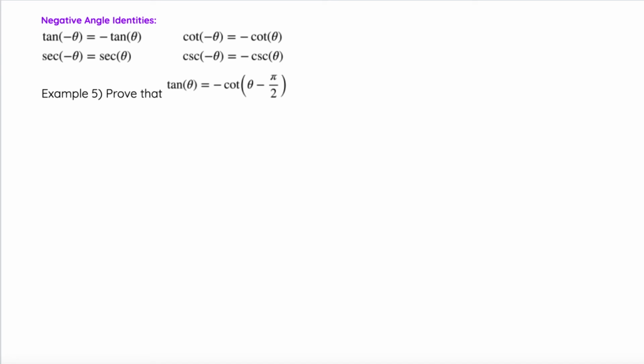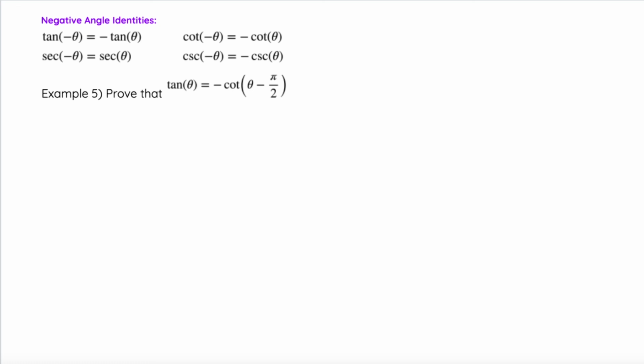Now we've got our negative angle identities that we've really focused and honed in on a lot. And so we haven't done an example of proving an equivalent identity. So that's what we're going to do right now. We have tangent equal to negative cotangent of theta minus pi over 2.